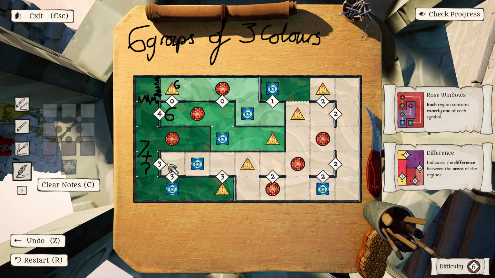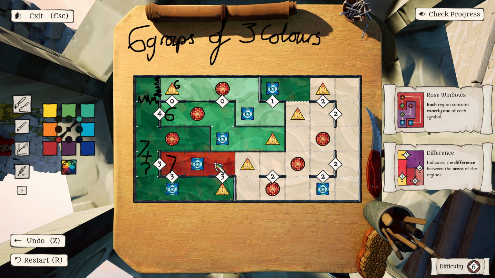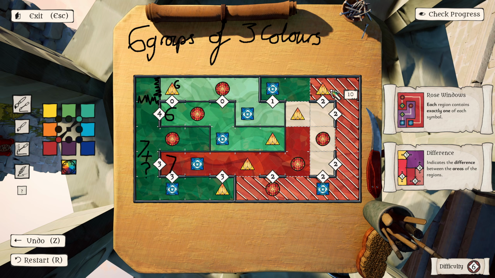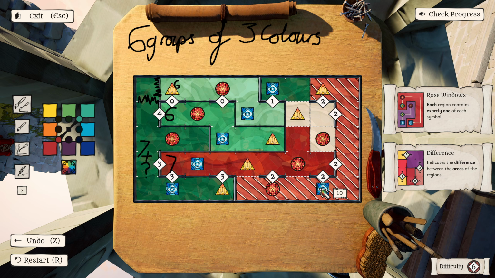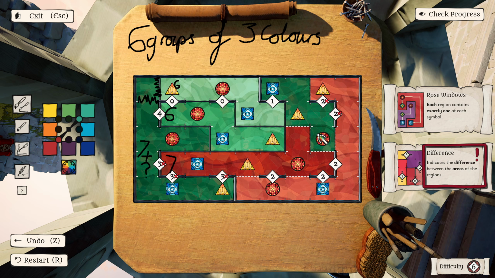So, 10 minus 3 is 7. 1, 2, 3, 4, 5, 6, 7. There's no way that's 9, is it? That's 10. Eight plus 2 is 10. 10 minus 2 is 8, so that doesn't work.